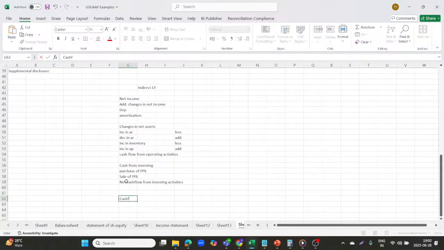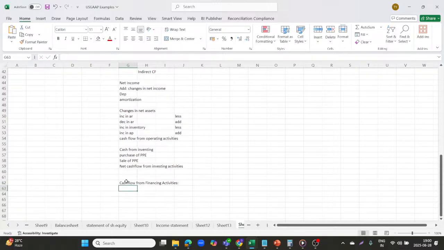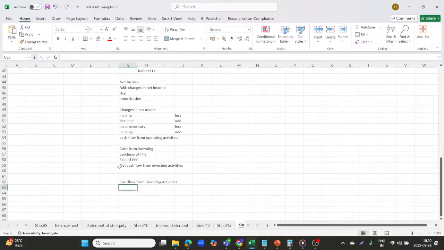Then you'll have cash flow from financing activity, where this was your use of funds, this is your source of funds, where you have to show how you have raised the funds, like from equity share capital, or redemption of debentures.